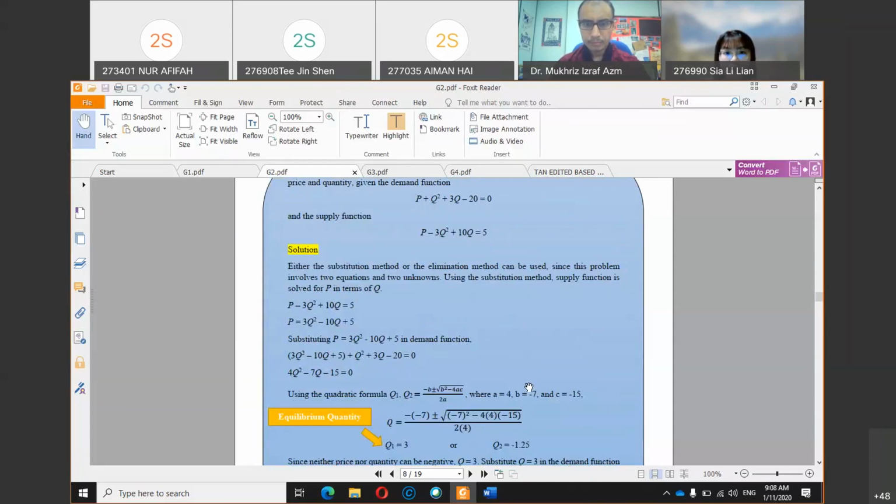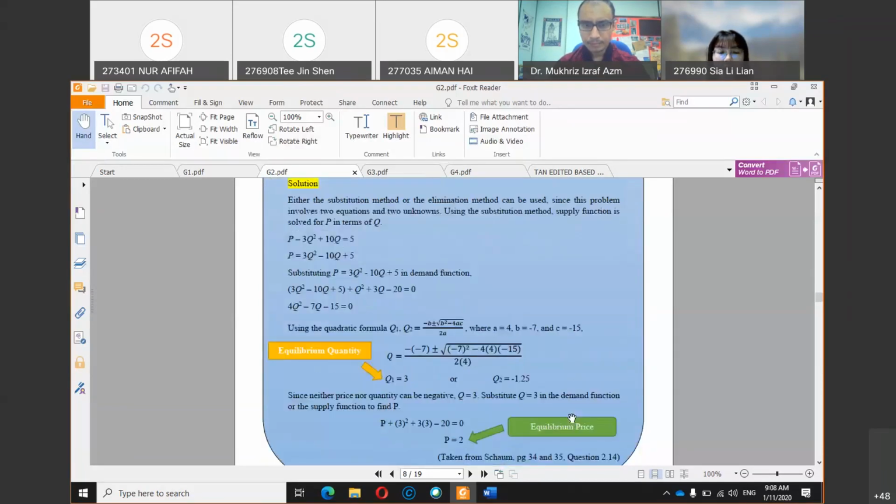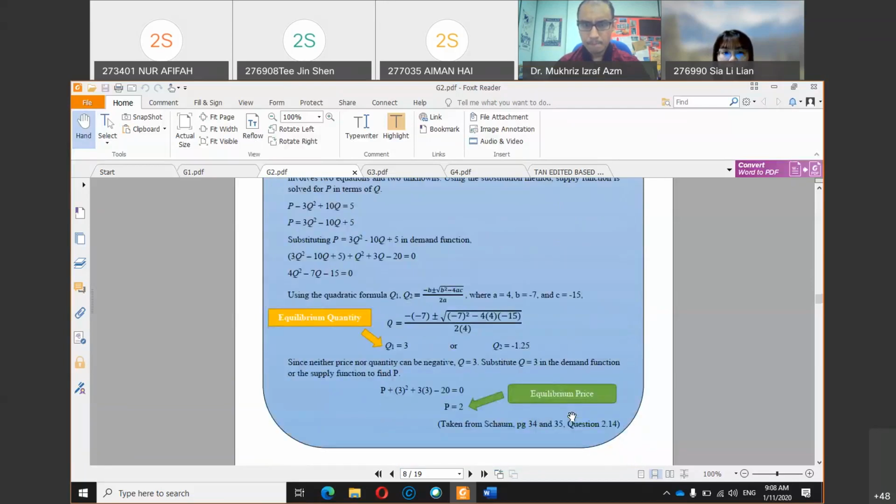For the supply function, we can change it into a function of P in terms of Q. Then we use the P function to substitute inside the demand function for the terms of P. So we get a quadratic function with Q squared, Q and a constant.